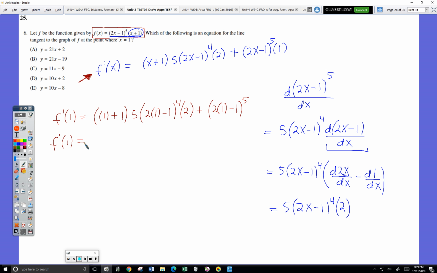Thank you. So, Jake, what does this mean? That the slope of f at x equals 1 is 21. Perfect.